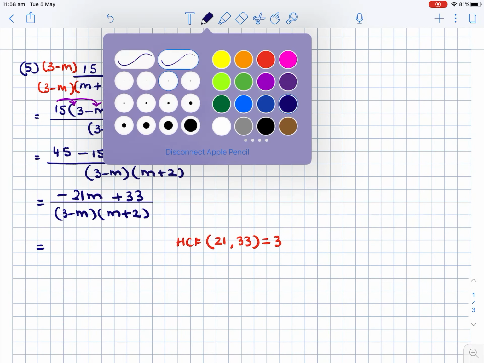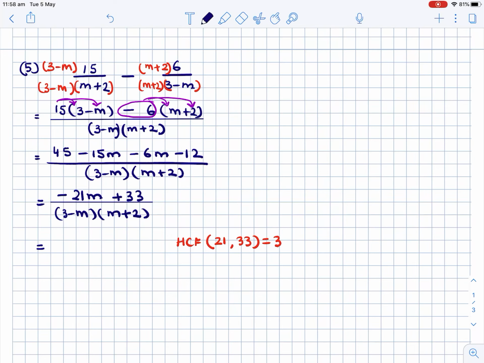But if the first term is negative, you put the negative number outside, so we can factorize it with -3 outside. -21 divided by -3 is 7, so it's 7m. 33 divided by -3 is -11, and write the denominator as it is.